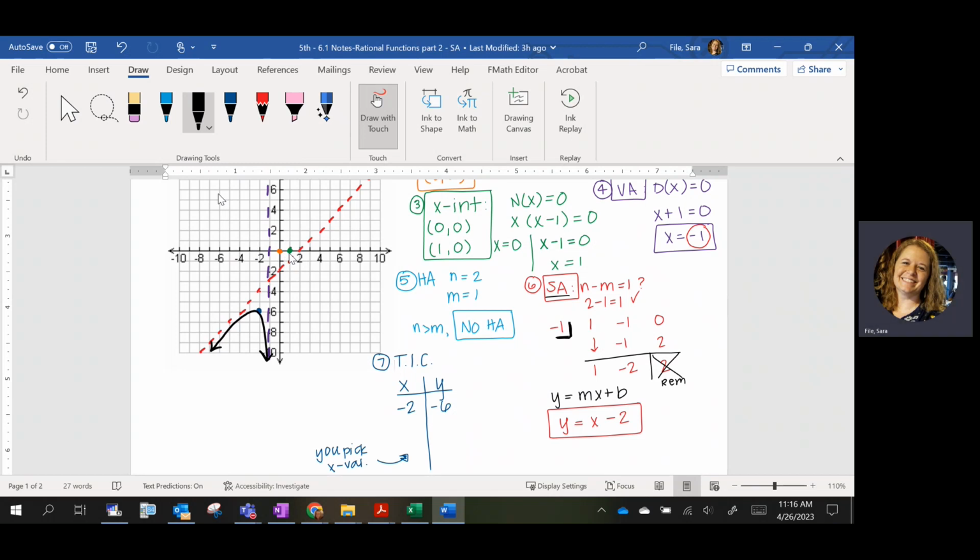You could pick test points between the zeros and between the zero and the vertical asymptote, but I'll just tell you, you're going to get one about here, about here, and about here. That's just going to guide your curve along the asymptotes through those zeros. So it's really not necessary to test additional points right there.